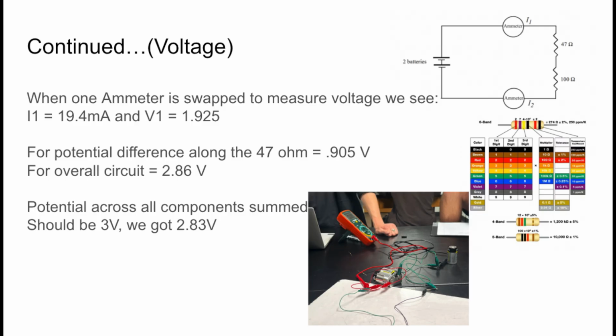And this makes sense because when we use Ohm's law again to calculate potential difference over the 47 ohm resistor, and we use it to calculate over the 100 ohm resistor, it should add up to 3 volts. And when we get the potential across all components summed, we got 2.83 volts. So pretty close.